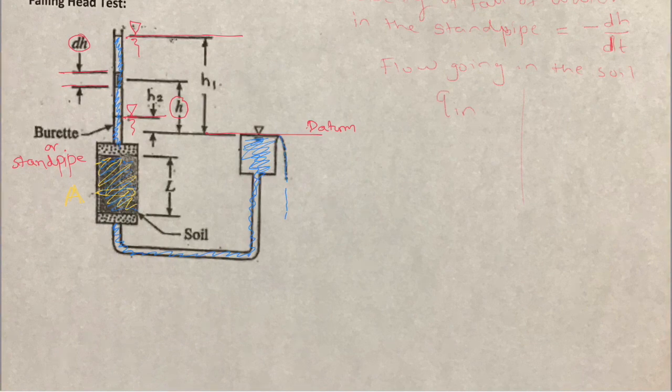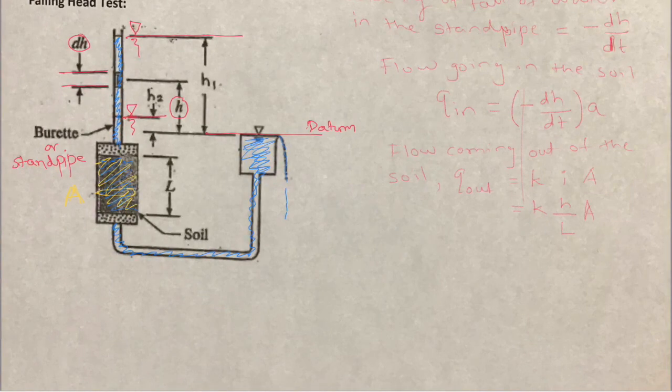So the flow going into the soil, q in, is going to be minus dH divided by dt times a, the standpipe area, and the flow coming out of the soil is going to be K times i times A, where i is the head at time t divided by the length of the soil specimen, times the cross-sectional area.